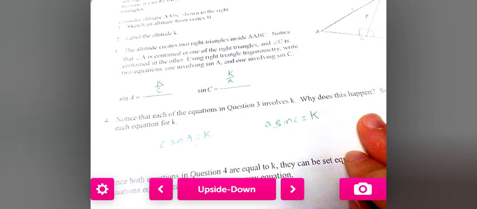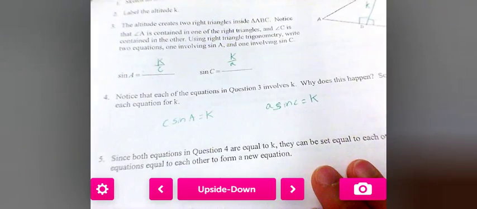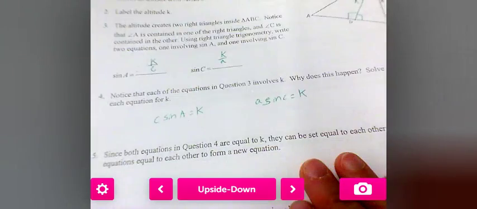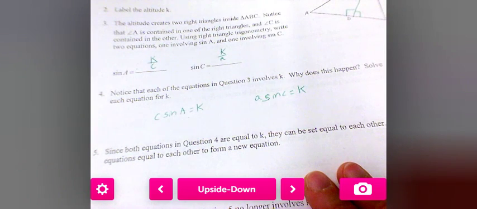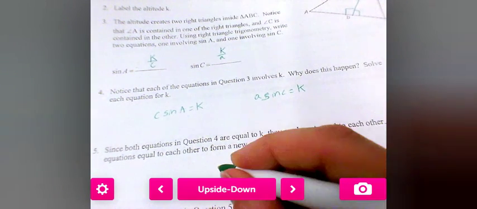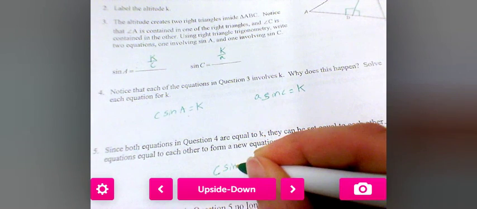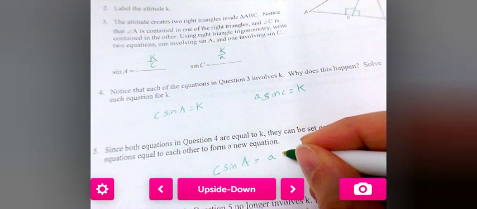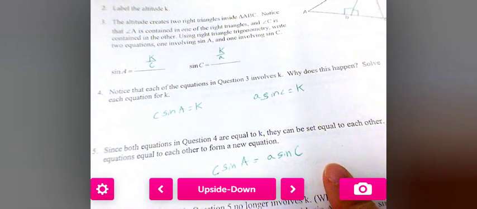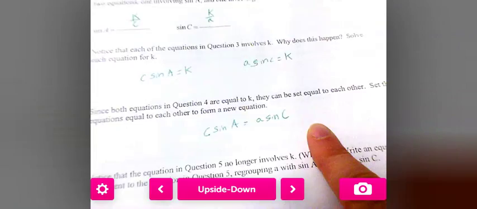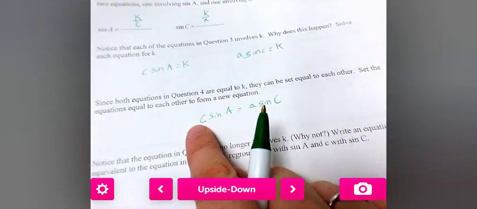Since both equations in question 4 are equal to K, they can be set equal to each other. So we're just going to get rid of the K and say c sine A equals a sine C. There's just one more step. I'm going to divide both sides by the letter in front.